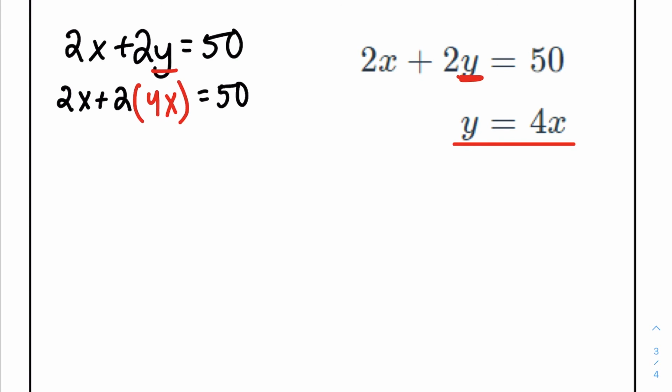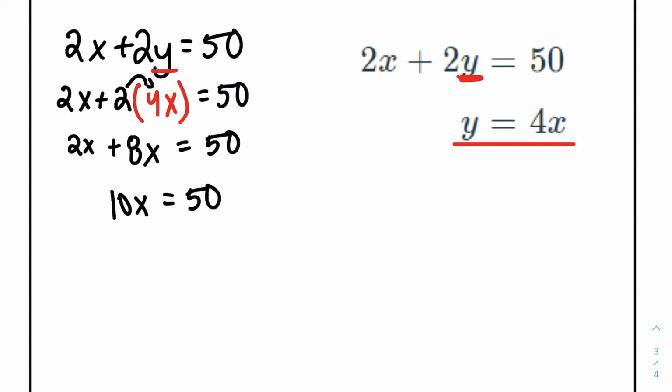Okay, so after we replace, we distribute 2 times 4x, which is 8x, and we drop everything else down that is untouched. Okay. Then we combine our like terms. That turns into 10x equals 50. Okay. Then we solve for x by dividing by 10. x is equal to 5. Okay. So that's our first answer.